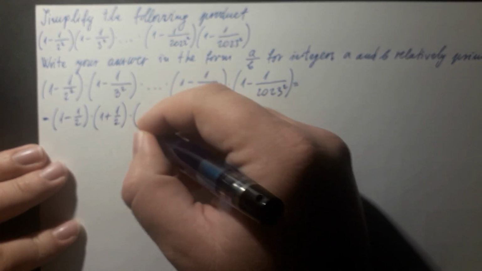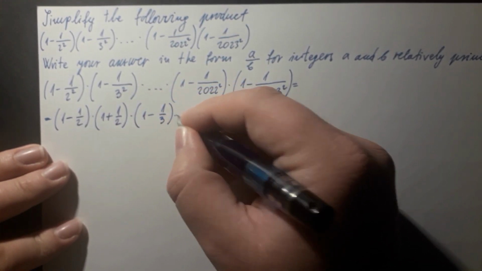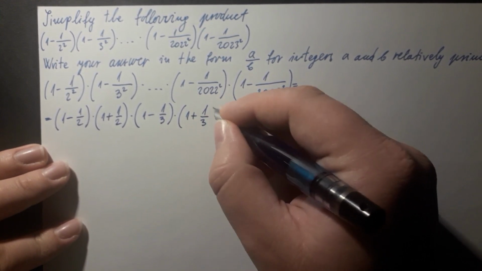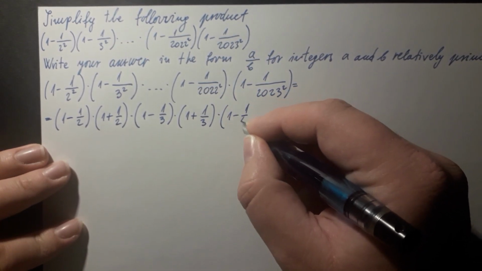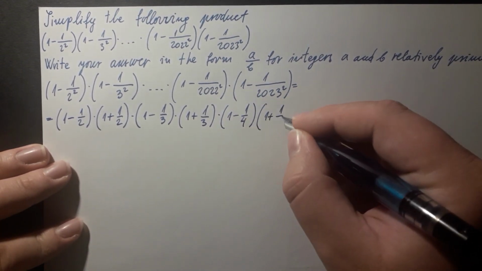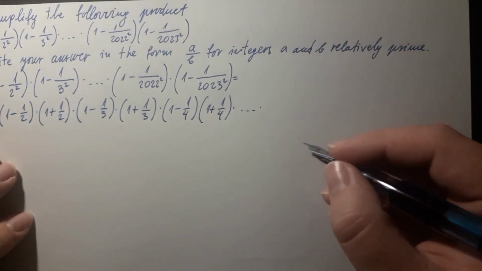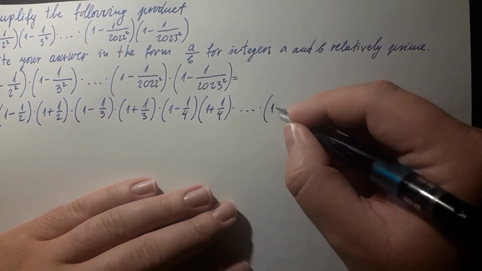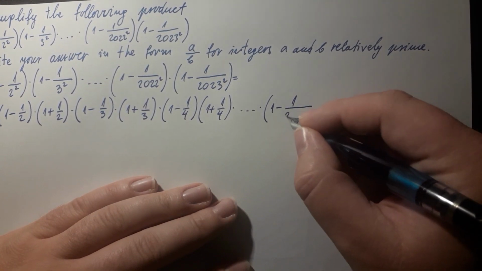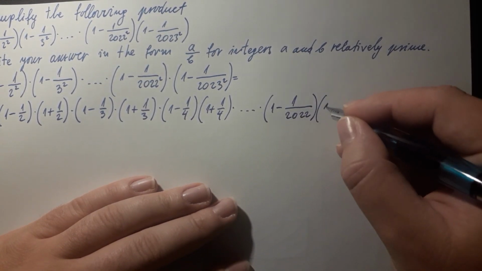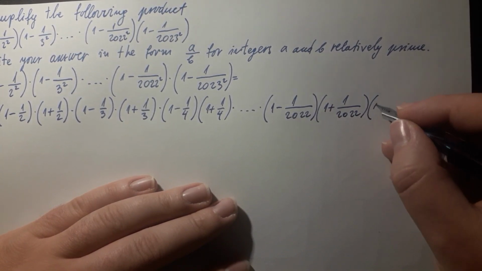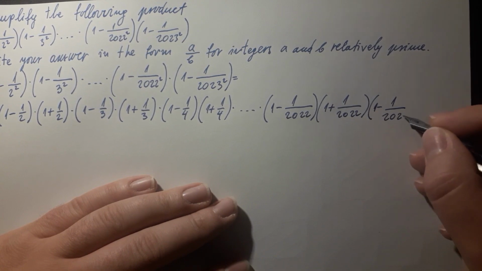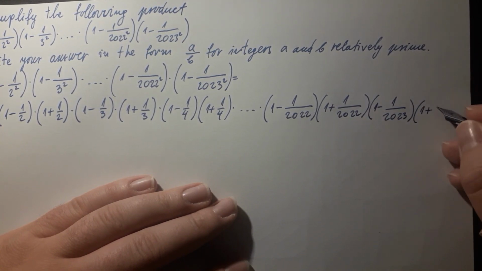The second term becomes 1 minus 1 third times 1 plus 1 third, the third term becomes 1 minus 1 fourth times 1 plus 1 fourth, and so on. Now this one becomes 1 minus 1 divided by 2022 times 1 plus 1 divided by 2022, and the last term becomes 1 minus 1 divided by 2023 times 1 plus 1 divided by 2023.